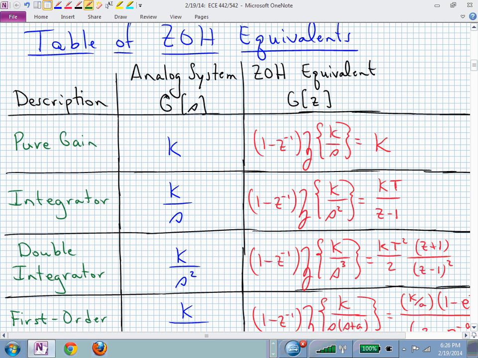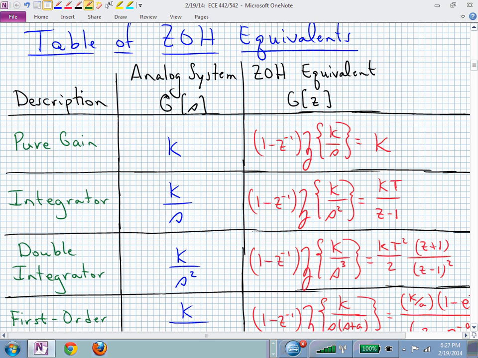So this is a point that I hope we don't get too confused on: this right-hand side is actually the zero order hold equivalent of these blues. So we really need the z transform of k over s, and that just gives us a k.